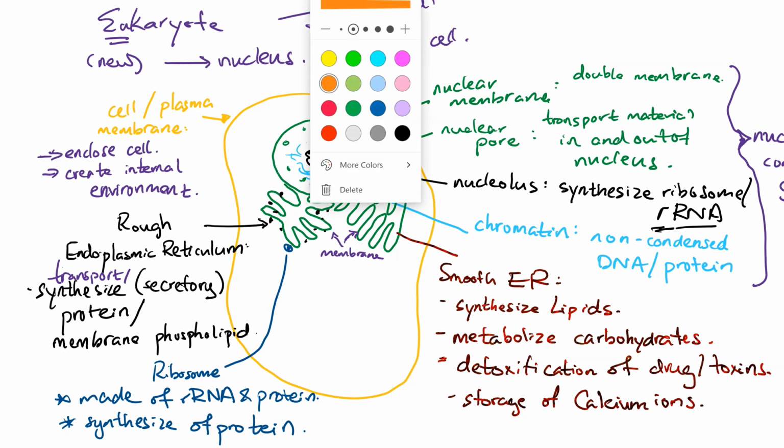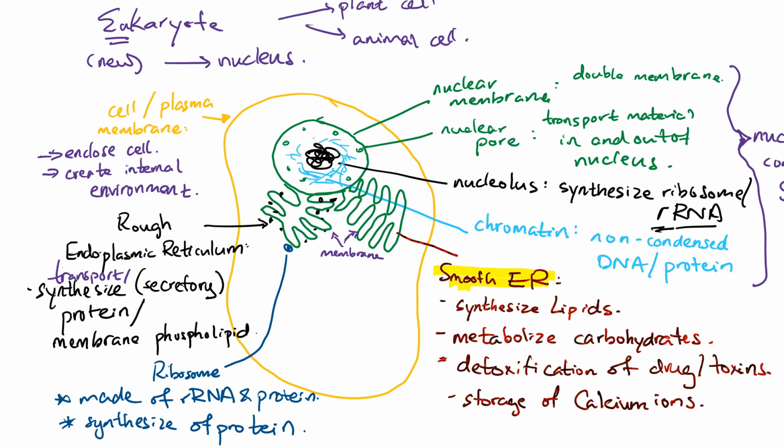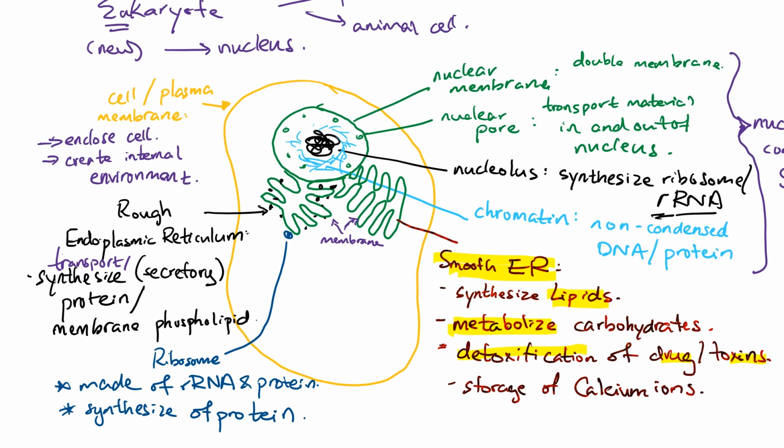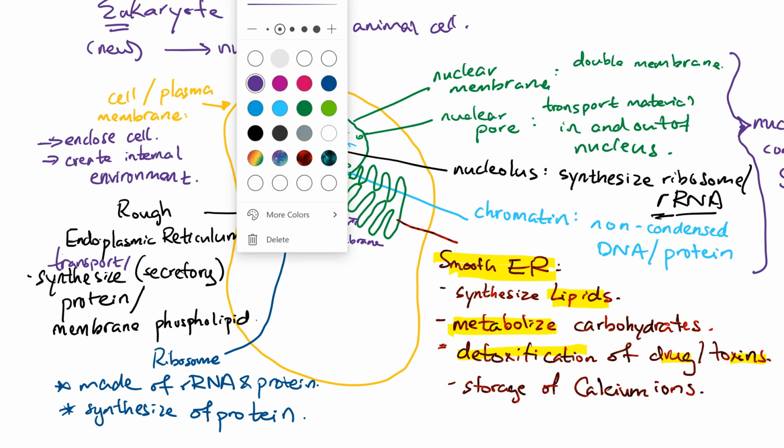Okay. So please remember the function of smooth ER and be aware that they are involved in a lot of metabolic pathways, such as synthesis of lipid, metabolism of carbohydrates, and the breakdown of drugs and toxins. Okay. So once the stuff is made, be it protein or lipid, and here we're going to say it is protein, it will bud off from the end of the membrane of the endoplasmic reticulum and form a structure called a vesicle.